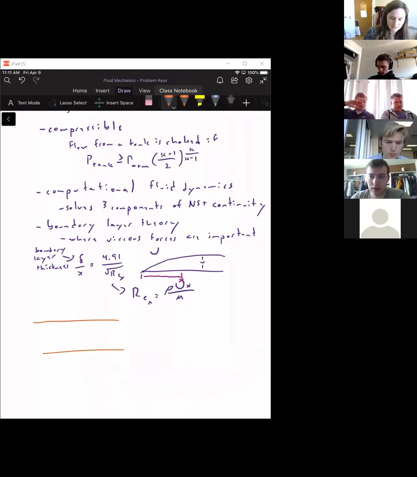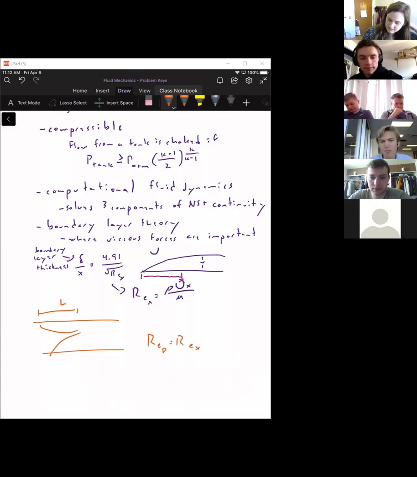And so this equation was Re sub L, the length along here, and you wanted to turn it into Re sub D. So yes, in that case, that's what you did. You took Re times D over L, or over X, like that.